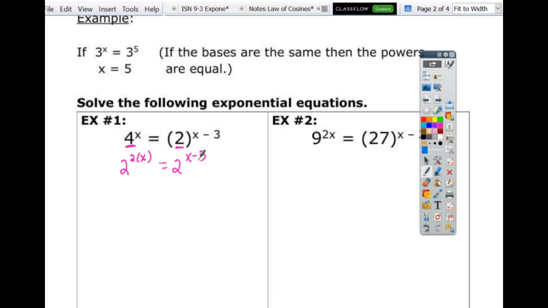Once the base is the same, you can set this equal to this. And I get x is -3. So once the base is the same, you just solve the exponents. Set them equal to each other and solve.